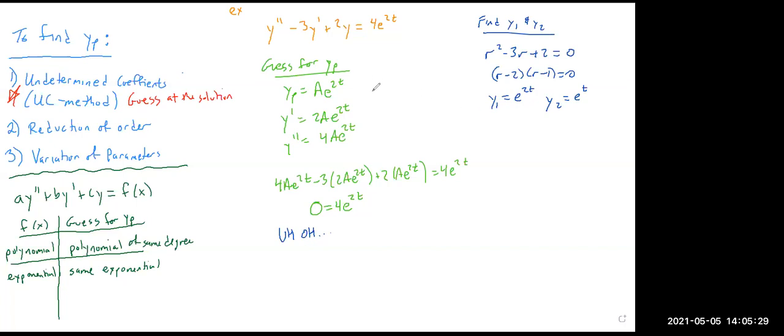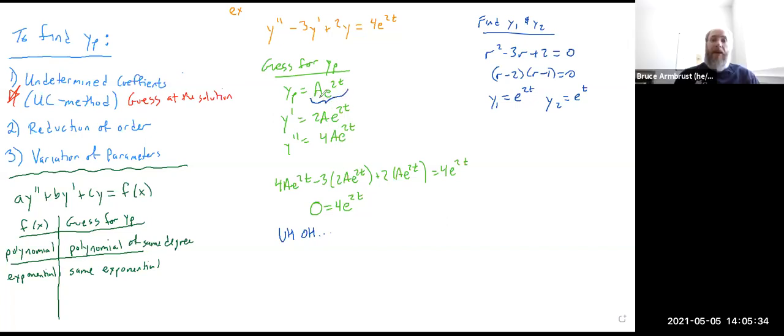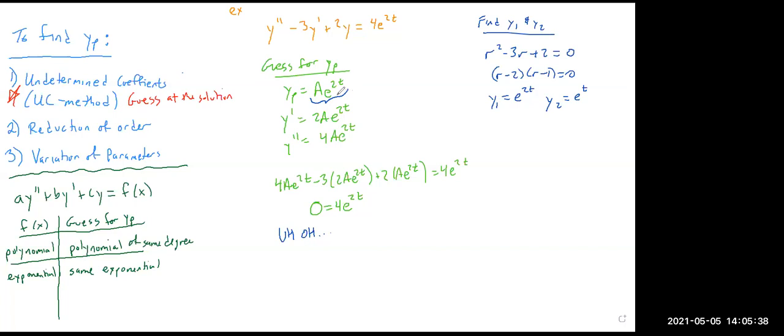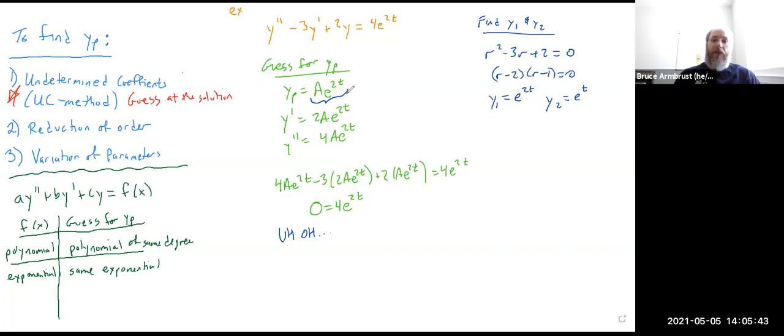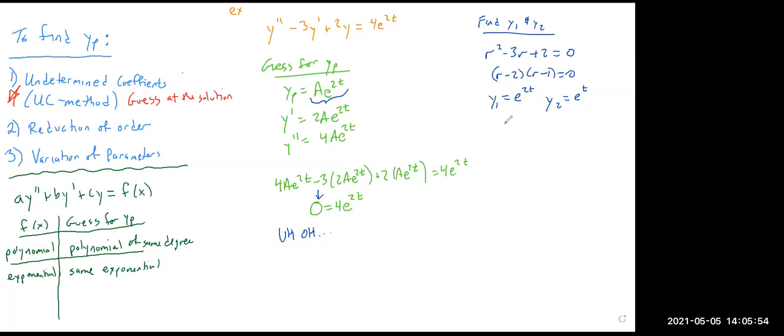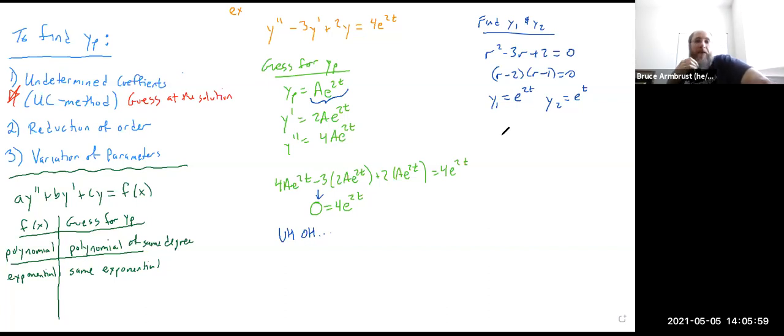Our guess for yp is the same as y1, pretty much. It's a constant multiple of y1, which means it can't be a solution to the non-homogeneous because it's a solution to the homogeneous. That's why we got 0 here. In the linear algebra world, it's linearly dependent. So this y particular is linearly dependent on y1.